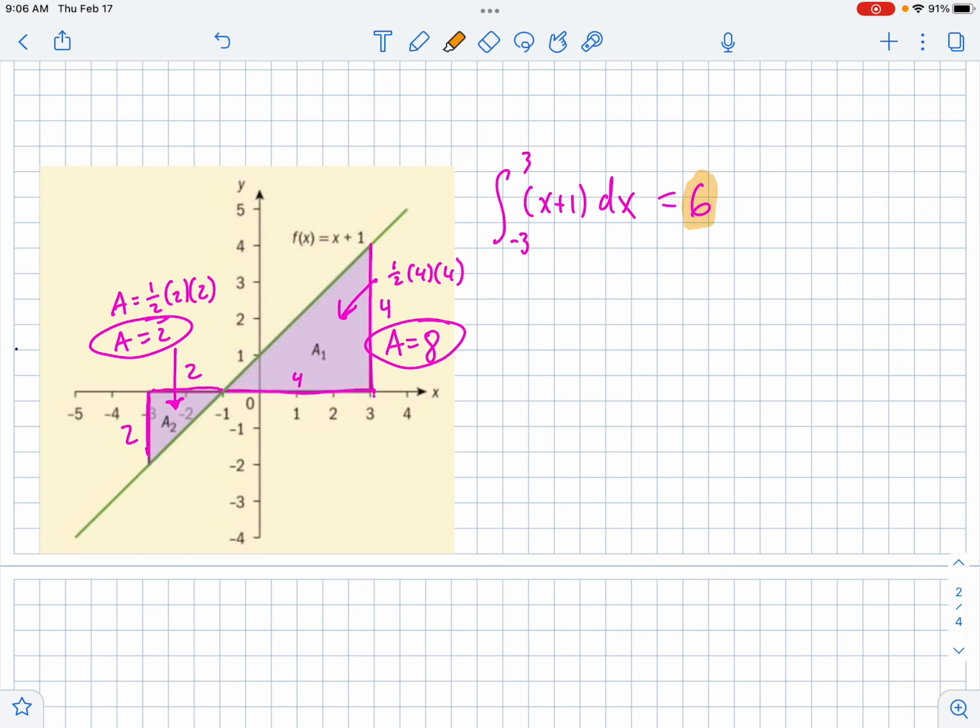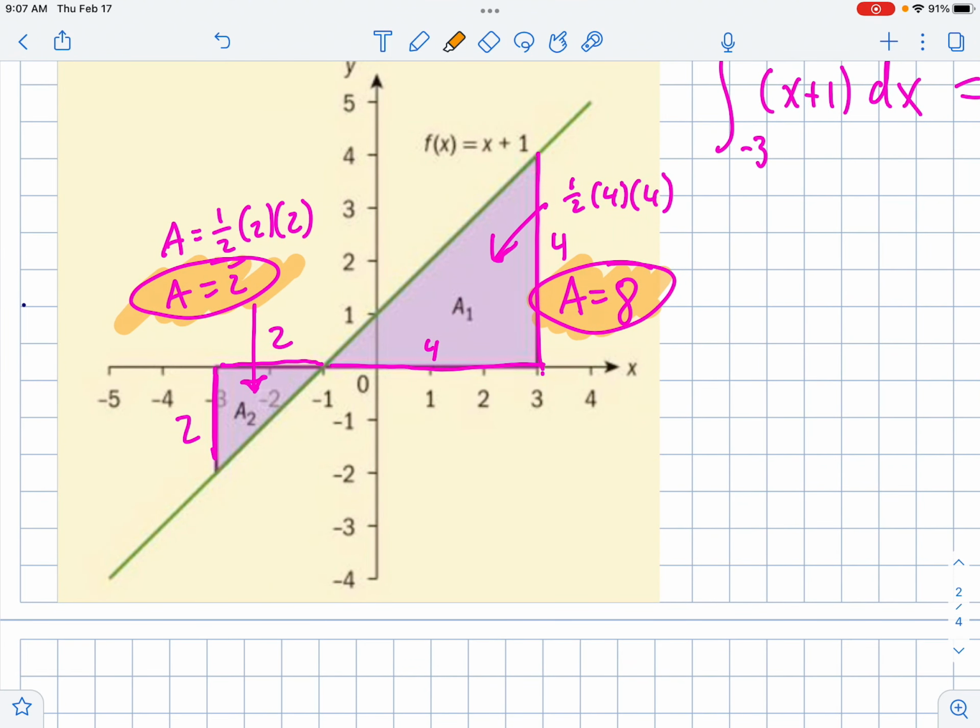So how do you think that they got 6 over here? Can you see the relation between these two numbers, 8 and 2, and how you would make a 6? That's right, 8 minus 2 is equal to 6. So what's happening here is anytime we're above the x-axis, these are positive areas.